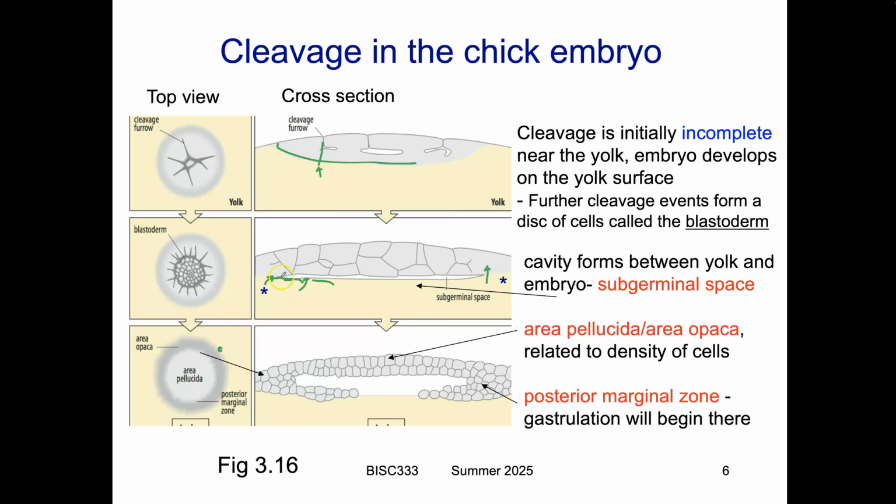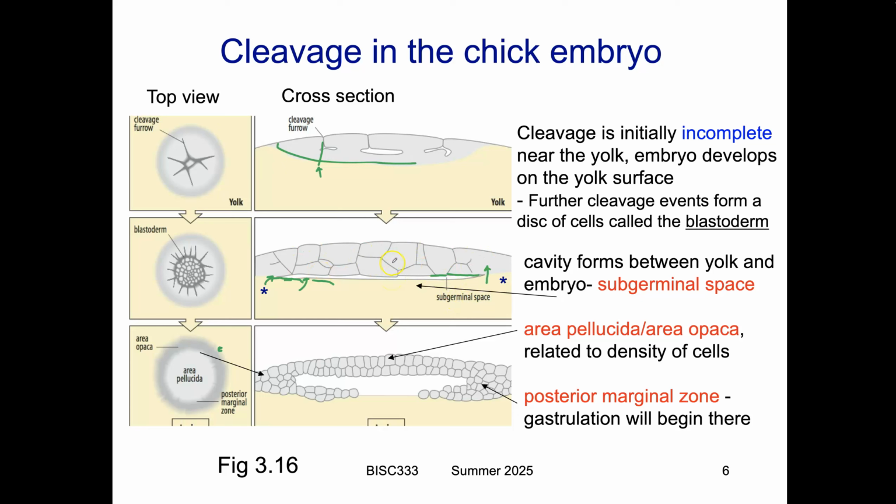When a cell division occurs that separates a cell below from above, these ones are all complete, and so they form the blastoderm on top. This little cavity is forming basically just because the cell division planes separate the cells away from the egg, and so this is called the subgerminal space. Sub means below, and germ refers to the embryo.